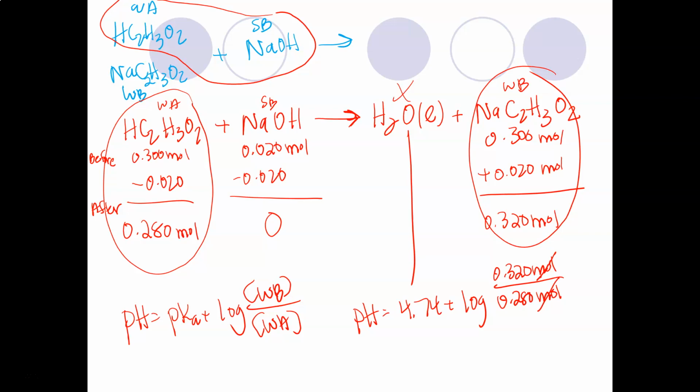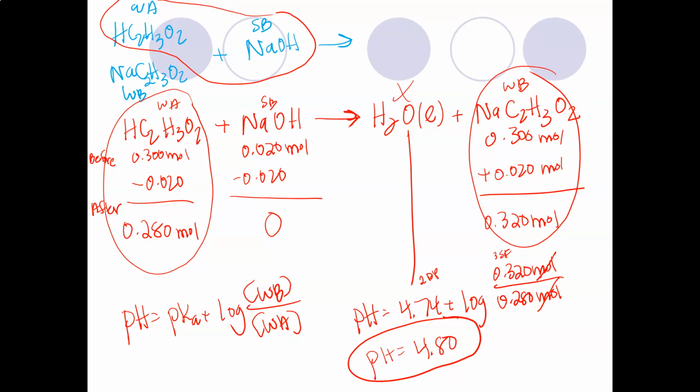When I go to do my calculation, this has 2 decimal places, this has 3 sig figs. My answer is going to have 2 decimal places. So it's going to be 4.80. The buffer became more basic because we added sodium hydroxide, which is a base.